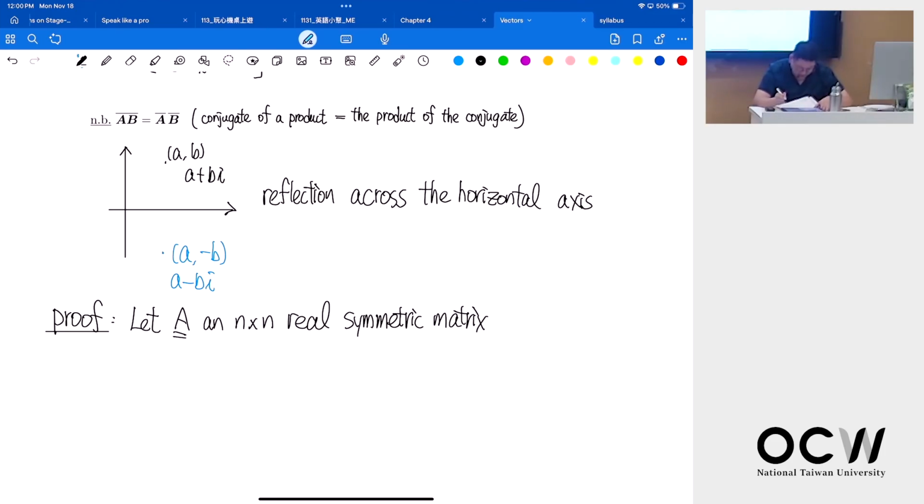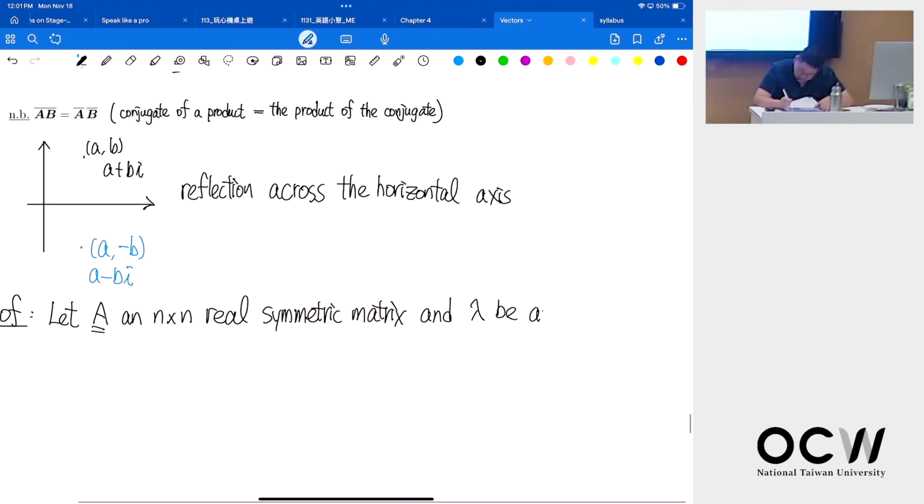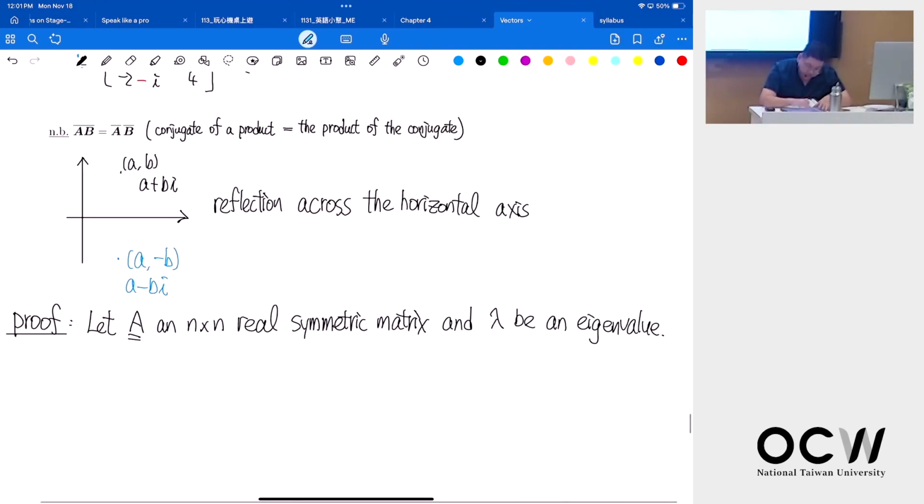And we have an eigenvalue lambda. Then we want to show lambda is real.